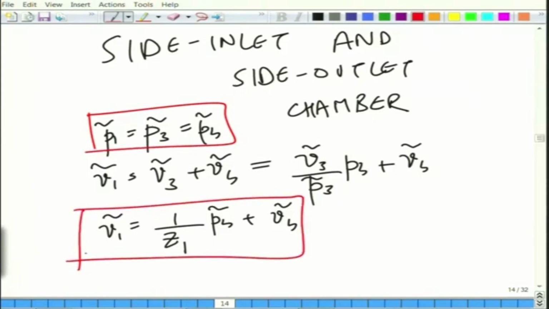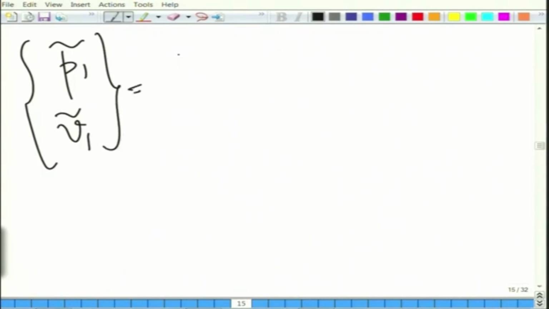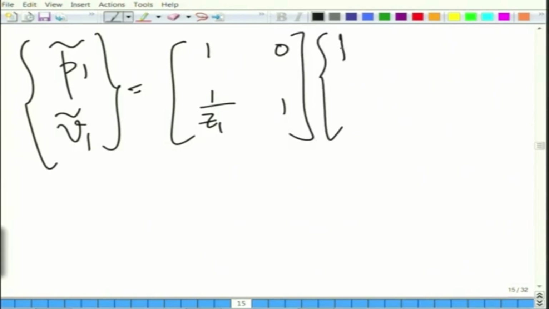So, when we write this as a transfer matrix, what we will get is P1 tilde V1 tilde is equal to [1, 1/Z1; 0, 1] times P4 tilde V4 tilde.